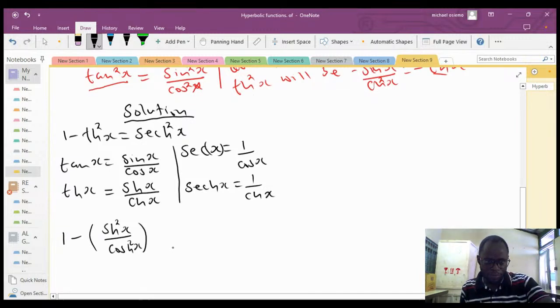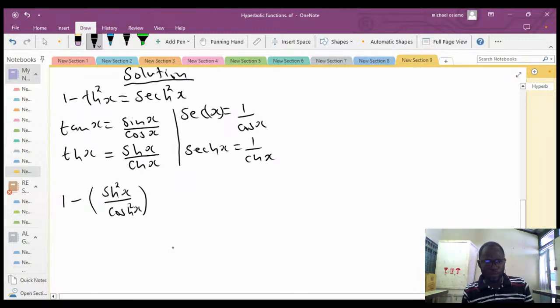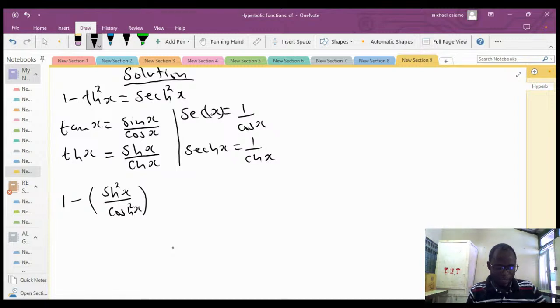So let us see whether this is true. Is tan hyperbolic squared of x the same as the sine hyperbolic squared of x over cos hyperbolic squared of x? Do you think it's the same? What do you say in the comment section?